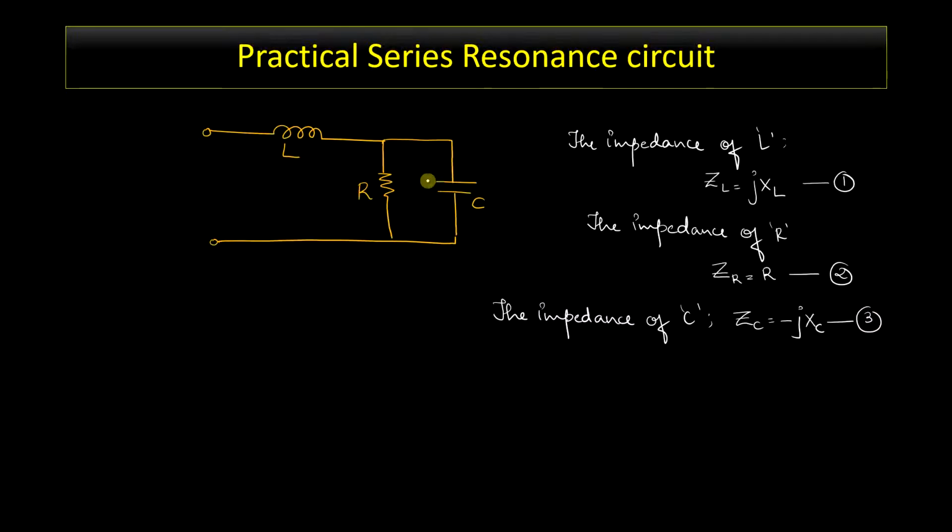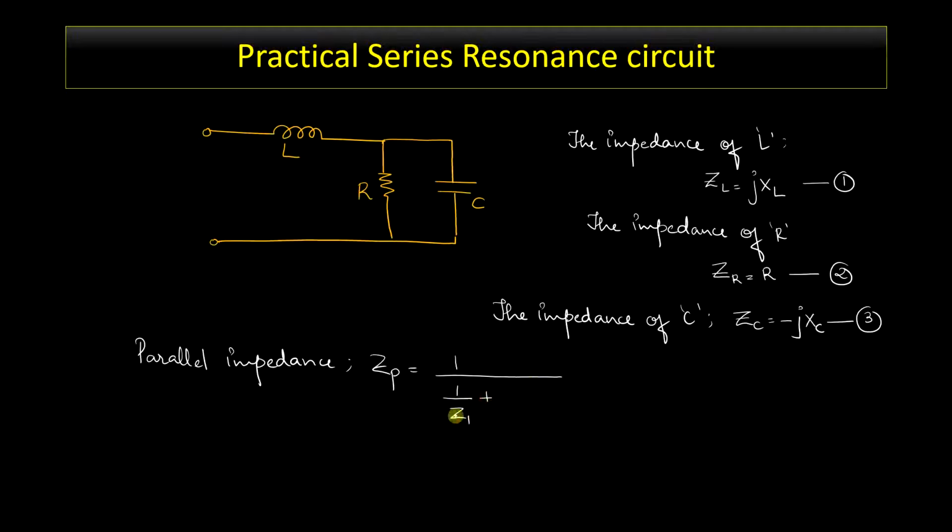Now I said this is a practical case of series resonance circuit. So if you observe, the resistor and the capacitor are in parallel. So let us compute what is the equivalent impedance of this parallel combination. So the parallel impedance is computed as, in general case, let me represent this as Zp equal to 1 divided by the number of elements that are connected in parallel.